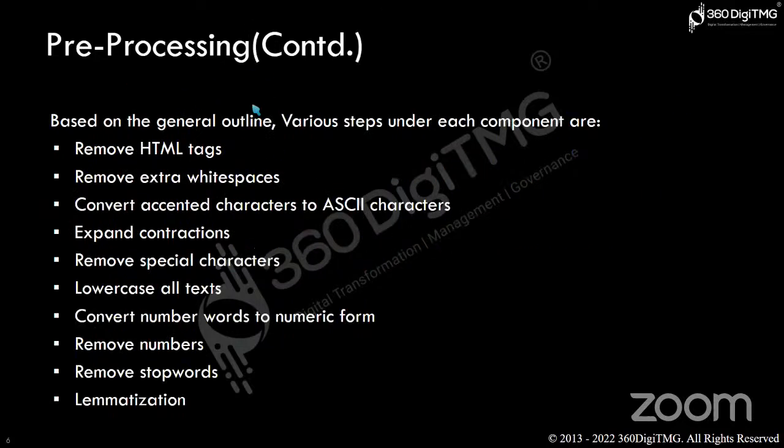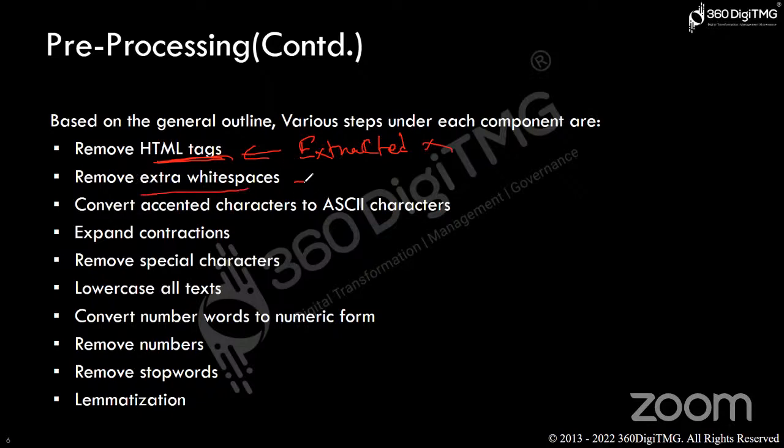So in the general outline, if you are extracting data from, say, a website, we can remove the HTML tags present in the extracted data. This extracted data may contain some tags also coming up, so we need to eliminate these HTML tags.